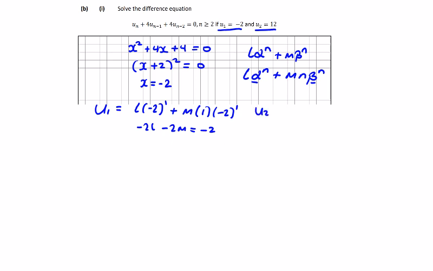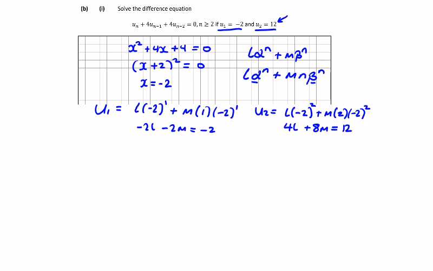Then U2 is equal to L times minus 2 to the power of 2 plus M times 2 times minus 2 to the power of 2. A lot of 2's. So that's going to be 4L, then we're going to have plus 8M equals 12 from above.